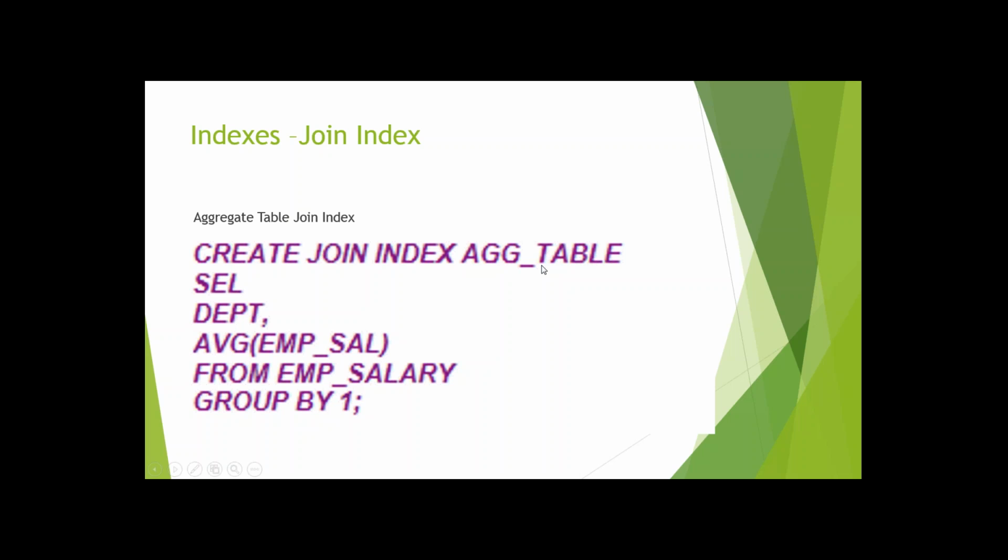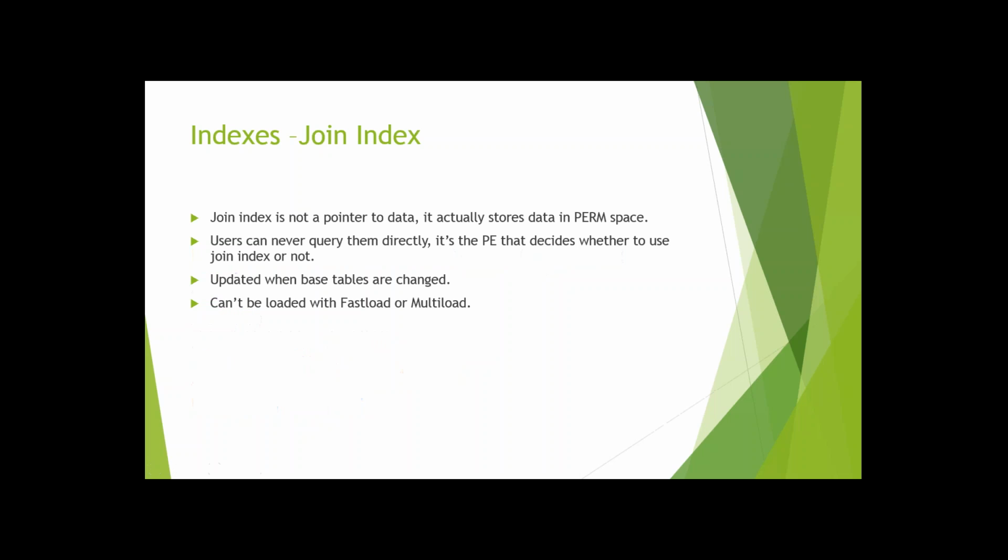Now, a couple of things. The join index is not a pointer to the data. It actually stores the data. Okay. Primary index is a pointer to the data, whereas join index stores the data. Next, users can never query them directly. The parsing engine decides whether to use them or not.